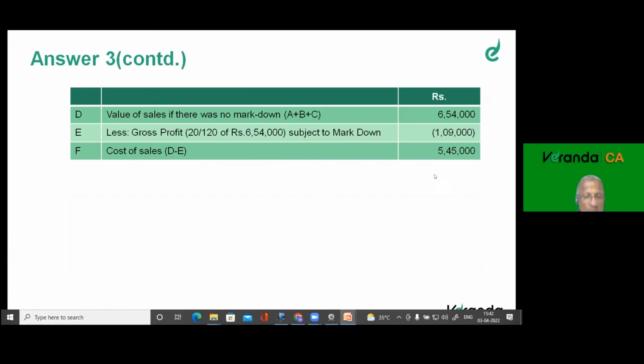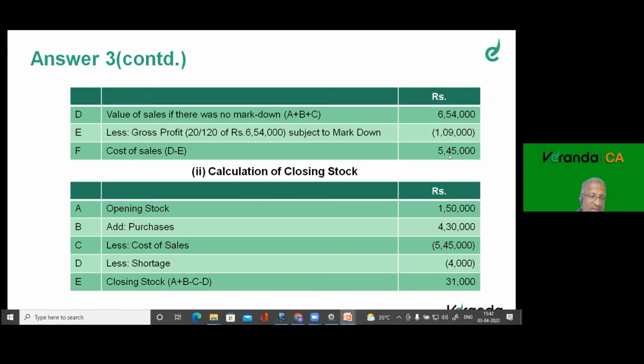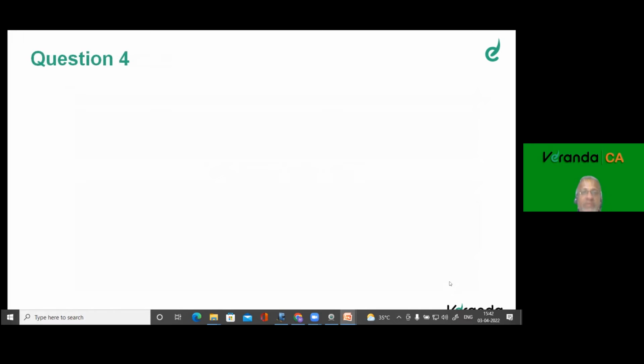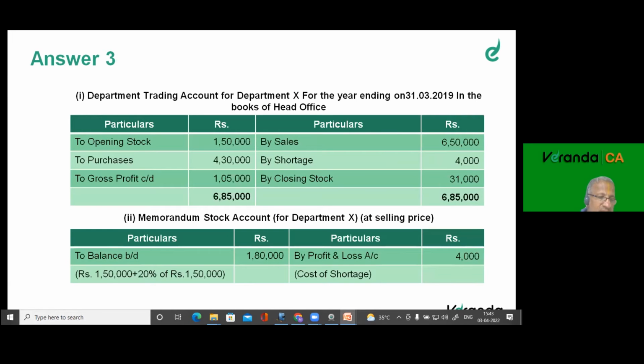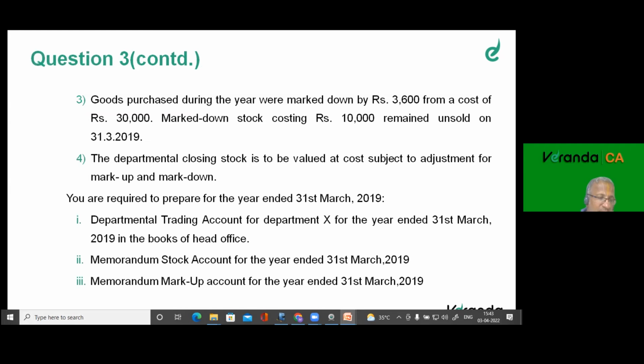Had there been no markdown, it would have been 6,54,000, with 20% on cost or 1/6 on selling price. You can work out the cost of sales and the closing stock, and only then will you be in a position to take a complete view. So now, to some extent, I think we can accommodate this in our separate working.